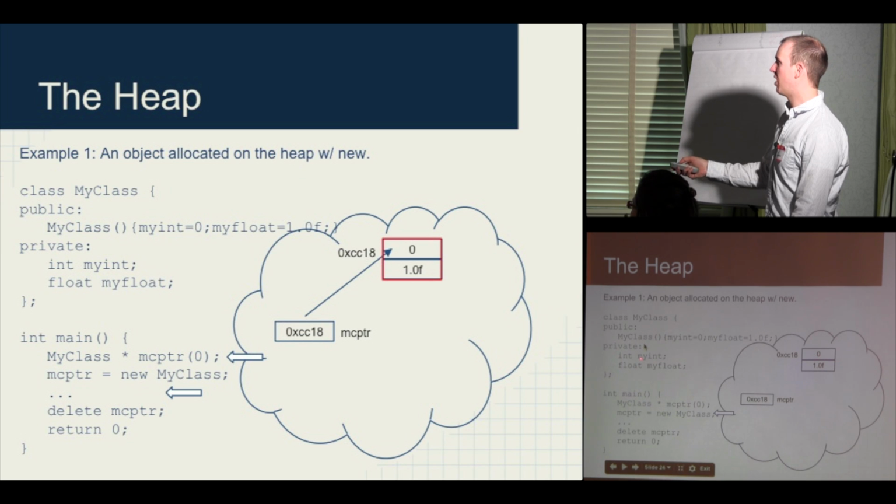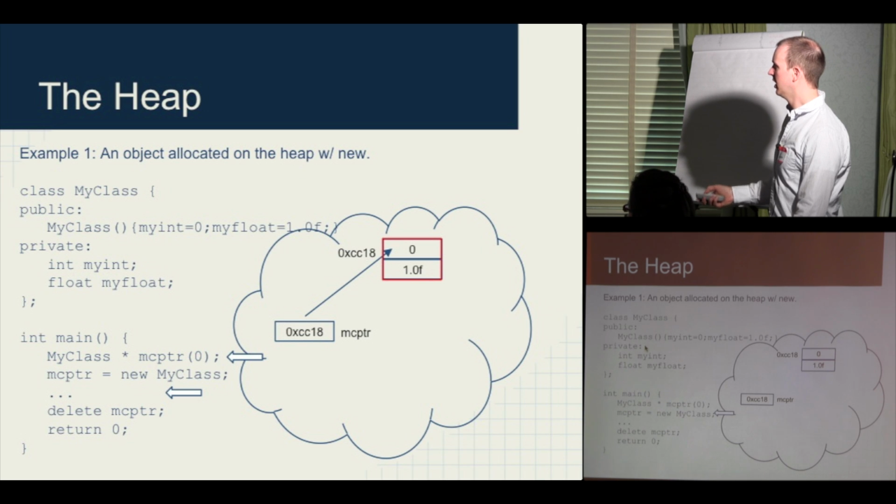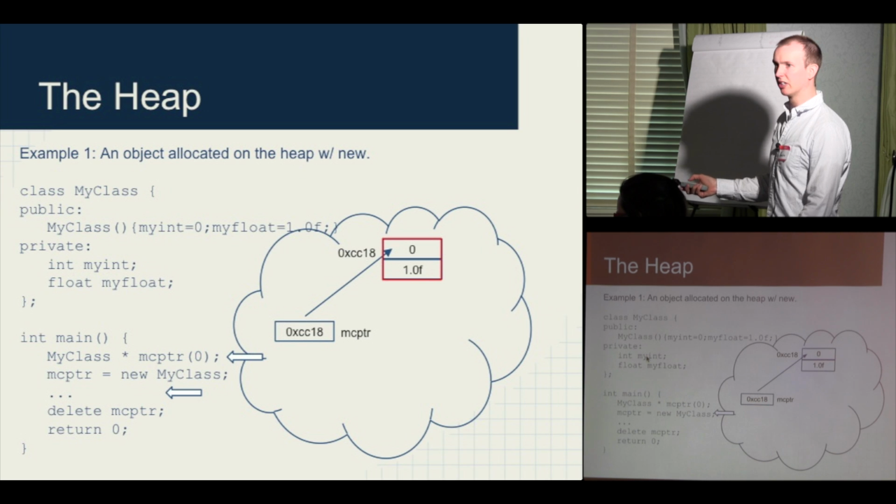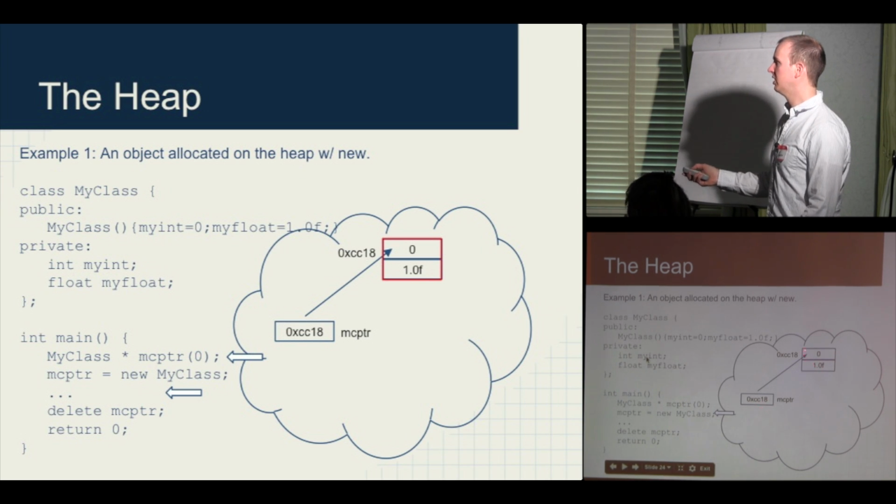And it's going to initialize my int to a value of 0 and my float to a value of 1. And this is a pointer in the sense that you can think of it as pointing to a region of memory. I've talked about pointers a little bit already, but it's holding an address, and so it's always kind of pointing somewhere.